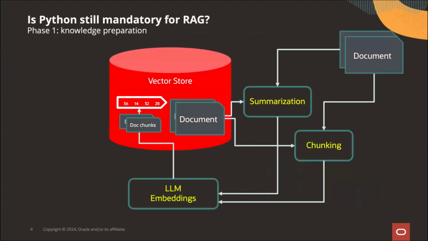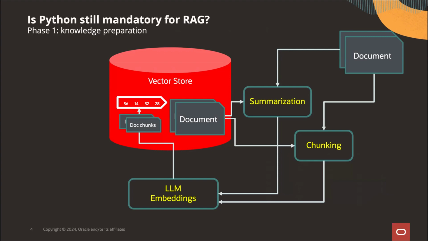Retrieval Augmented Generation is a methodology to avoid, first of all, fine-tuning of large language models to make them able to answer questions related to your specific domain, to your specific data. Fine-tuning is quite expensive in general and must be run every time new data comes into your knowledge base.